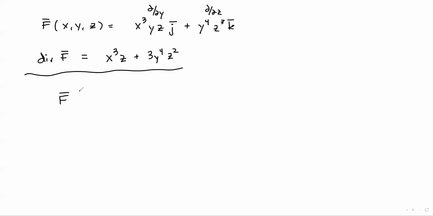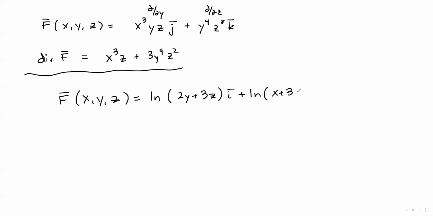All right, we can also do the other problem we did earlier. So f of x, y, z, we had natural log of 2y plus 3z i plus natural log of x plus 3z j plus natural log of x plus 2y k. Okay, and so we can go through and do divergence of f.